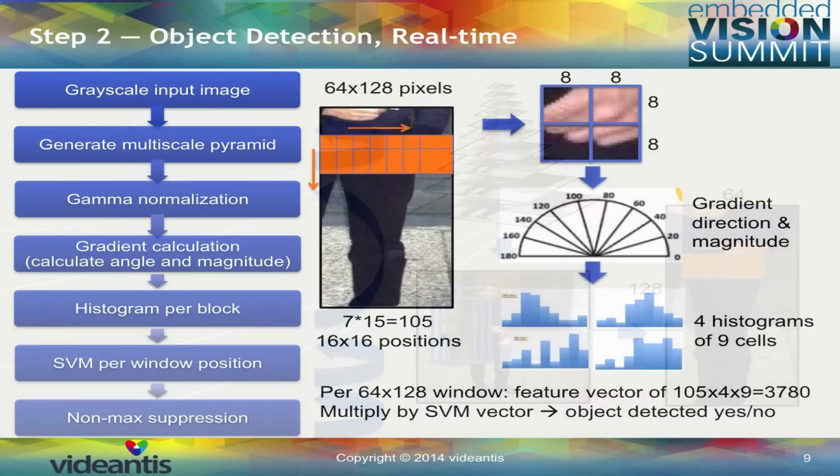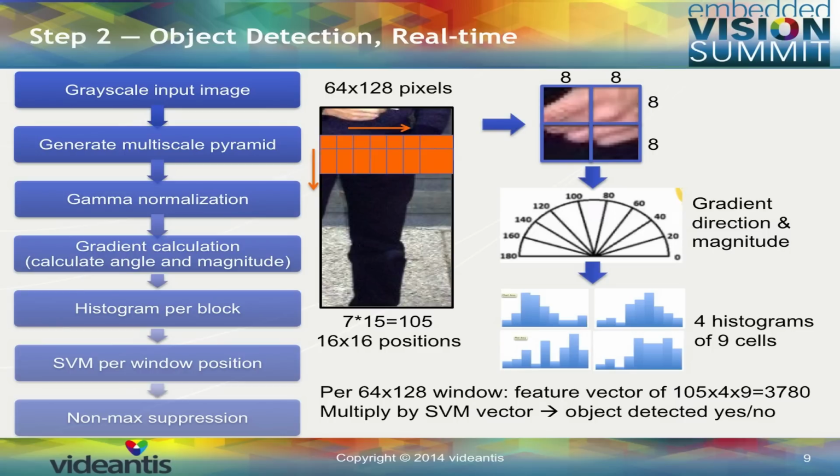So at the highest level, it's a 64 by 128, and then within the 64 by 128 window, you slide a 16 by 16 window, and you're going to calculate these histograms for each of these positions. So here you see, where you slide this 16 by 16 window, and the 16 by 16 window, again, is divided into 4 blocks of 8 by 8 pixels.